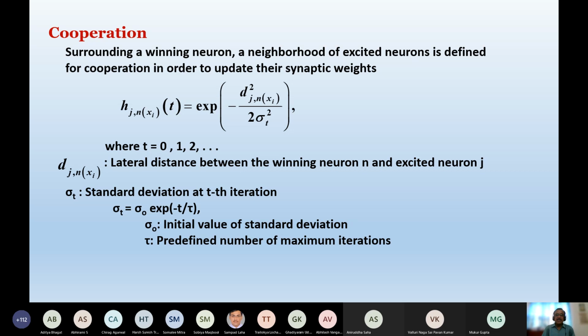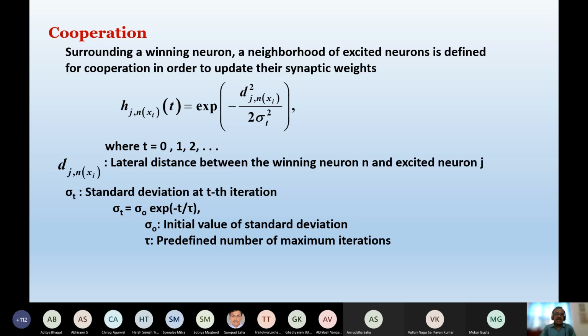Now let us see the principle of this cooperation. It is a very interesting thing. Surrounding a winning neuron, that is a professor, a neighborhood of excited neurons is defined for cooperation in order to update their synaptic weights. Now, how to define that neighborhood? To define the neighborhood, we take the help of a Gaussian distribution.